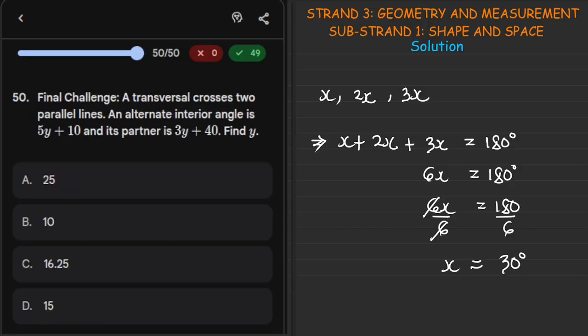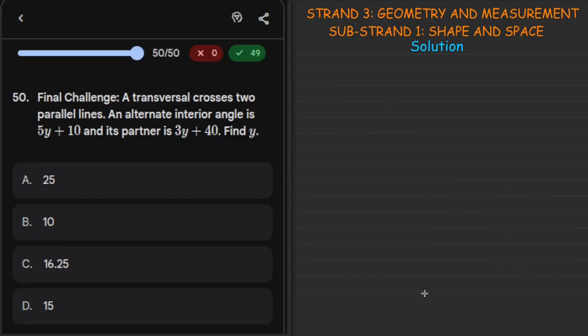Our last question, which is question number 50. Question number 50 says, a transversal crosses two parallel lines. So let's get our parallel lines and then our transversal. A transversal crosses two parallel lines.